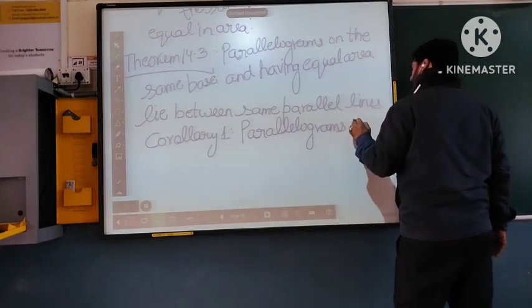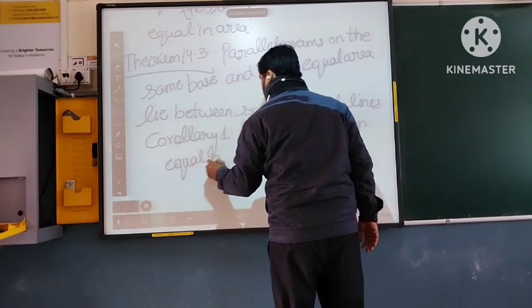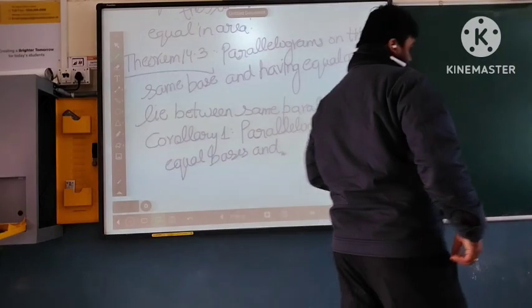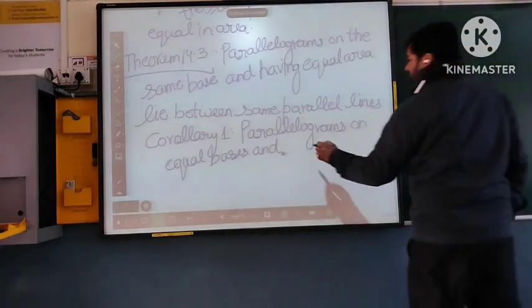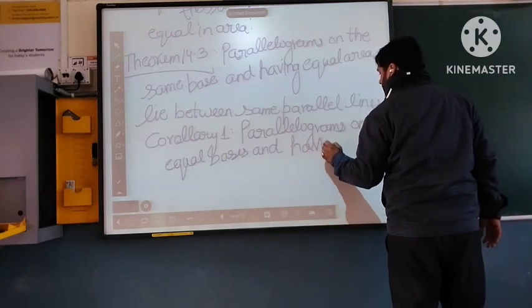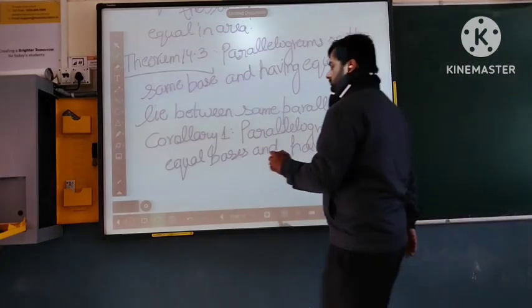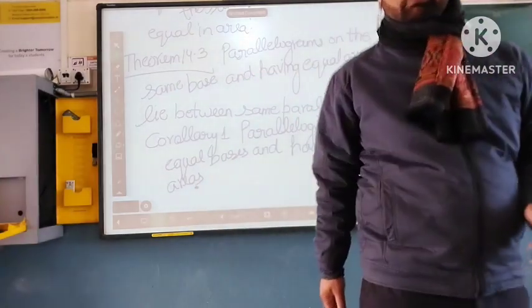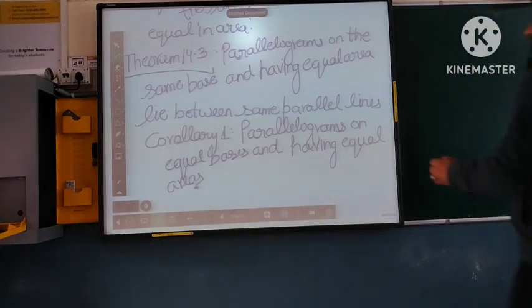Now corollary 1 is what? Corollary 1 says parallelograms on equal bases and having equal areas. Now this is something new, the equivalence of altitudes also, and see the word used is corresponding altitudes. Parallelograms on equal base or same base and having equal areas. So if base is same, area is equal. Now you cannot say that they lie between same parallel lines.